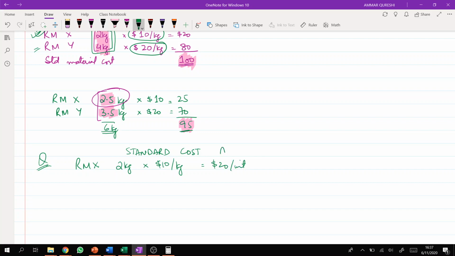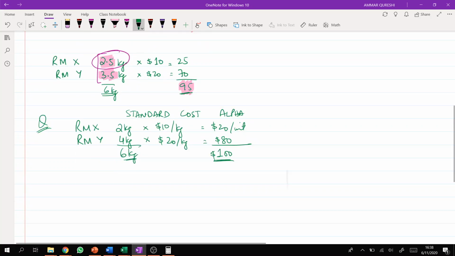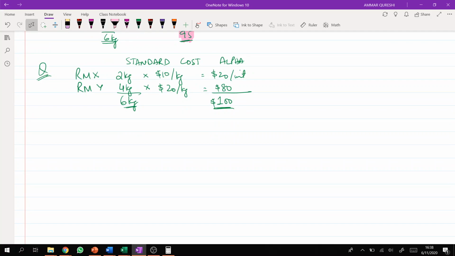This is, suppose, product alpha, and product alpha requires approximately 4 kilograms of raw material Y at a cost of $20 per kilogram. I'm just copying this example. This is standard cost. 20 times 4 is $80. So what we were expecting is that the overall expenditure will be around $100 for the input of 6 kilograms of raw material.